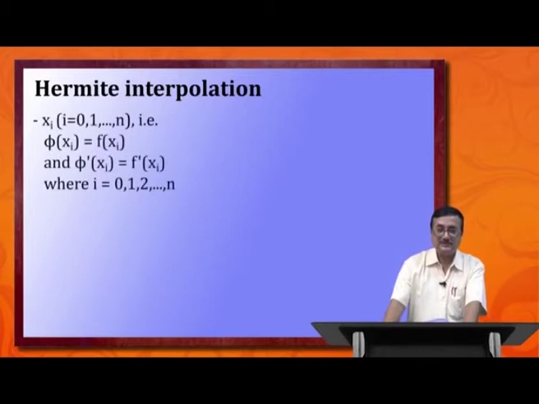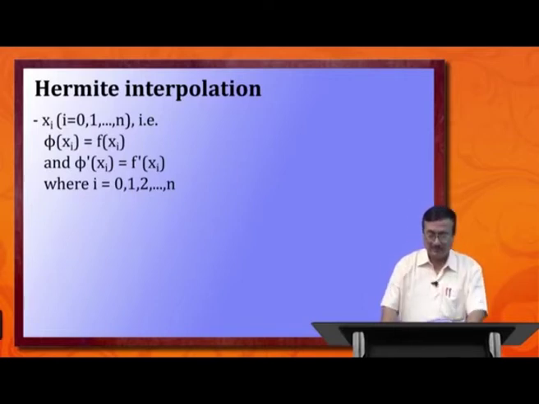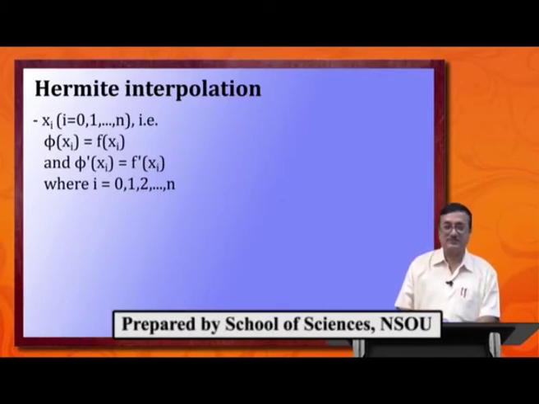That is, phi(x) should have the property that phi(xi) is equal to f(xi) so far as the values of the function are concerned, as well as phi'(xi) is equal to f'(xi) so far as the slope of the function is concerned, at the designated points where i is equal to 0 to n. That is, there are n plus 1 points.